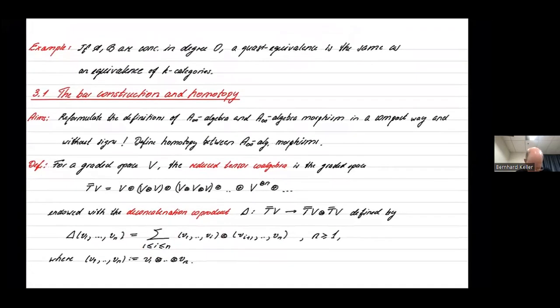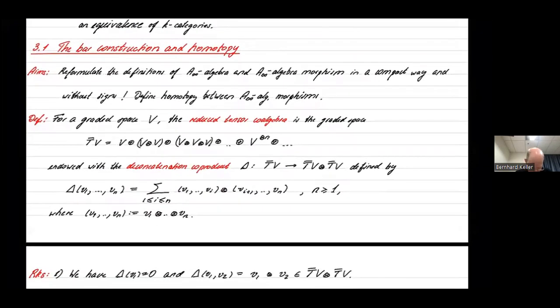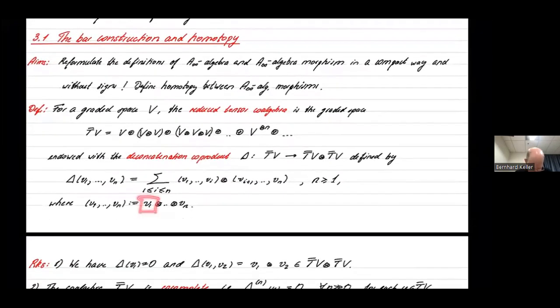And in particular, if we just have a tensor of length 1, then by definition its deconcatenation vanishes. Its coproduct vanishes. And if we have a tensor of two factors, V1 tensor V2, then its deconcatenation is V1 tensor V2 in this tensor product of reduced tensor coalgebras.